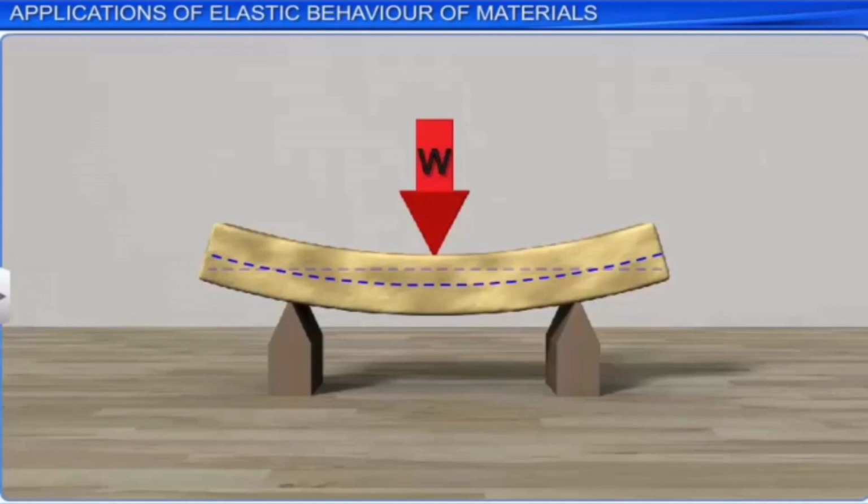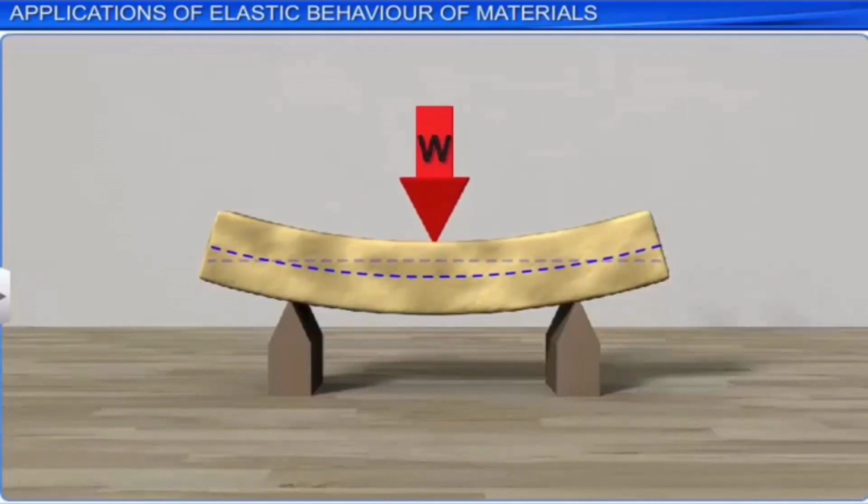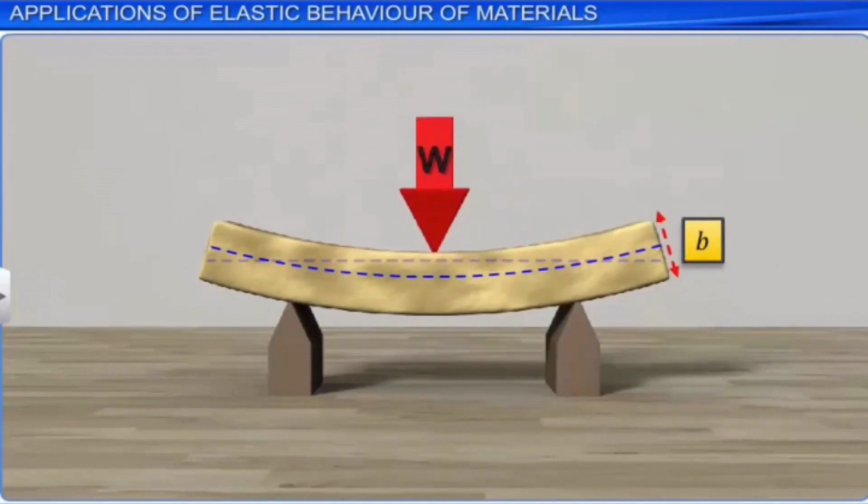The greater the width B of the beam, the greater the maximum load the beam can support. The deflection delta at the midpoint can be determined experimentally as well as theoretically calculated.